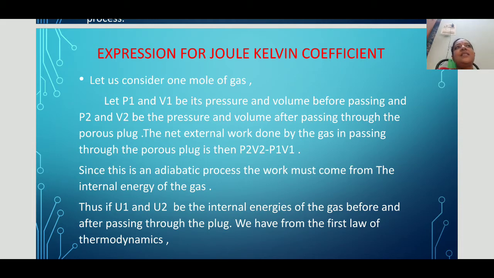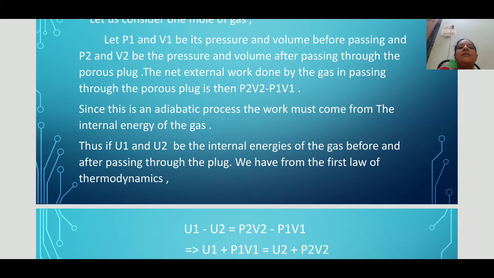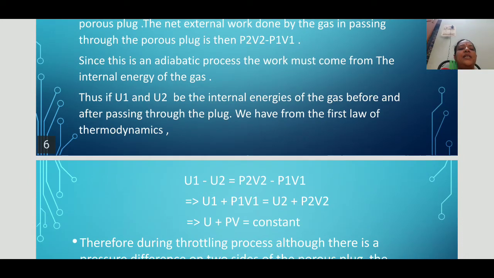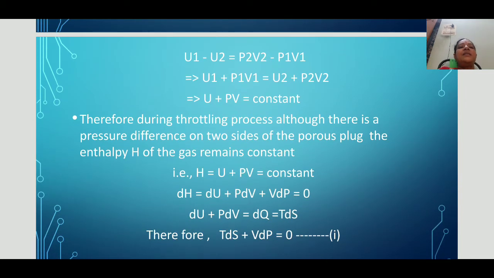If U1 and U2 are the initial and final internal energies of the gas, then according to the first law of thermodynamics, the change in internal energy, U1 minus U2, must be equal to the work done, that is P2 V2 minus P1 V1.